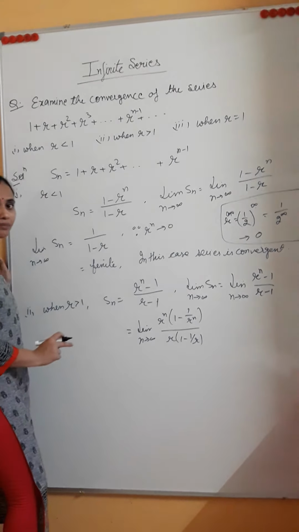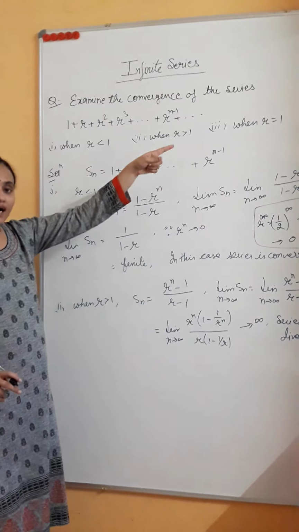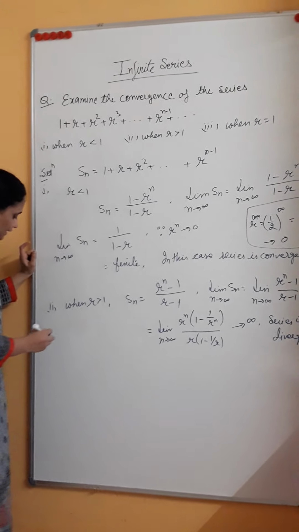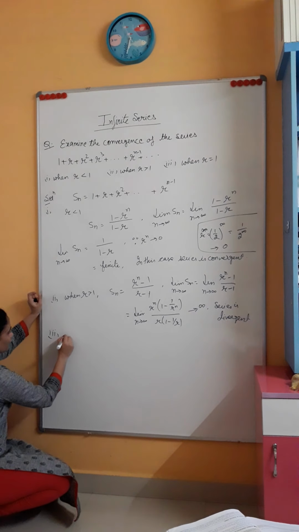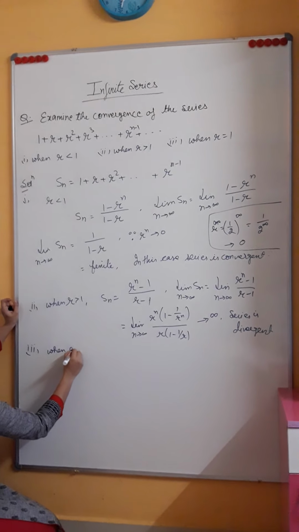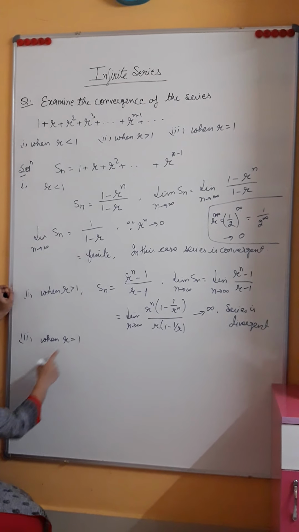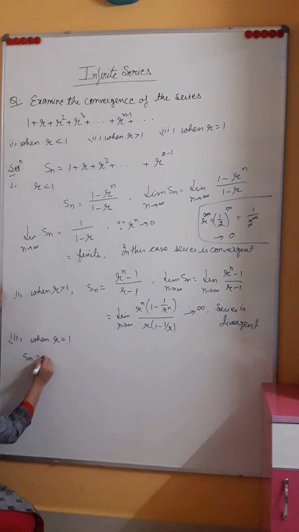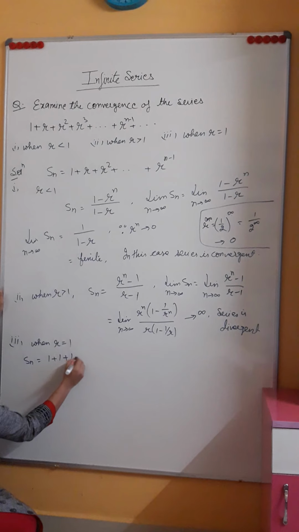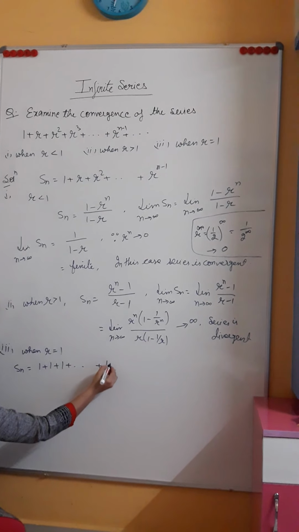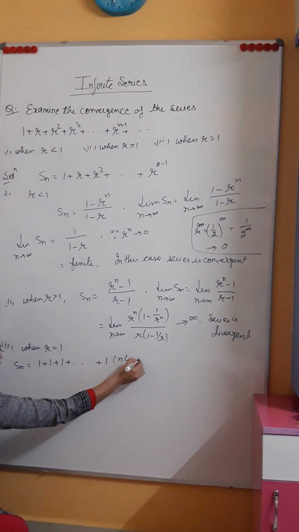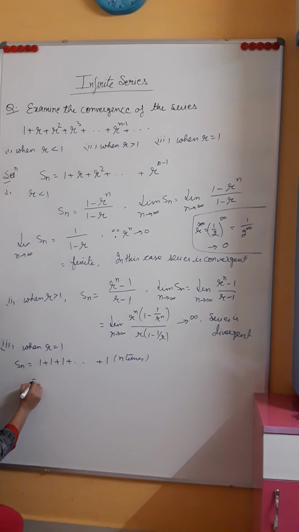Now the third case is when r is equal to 1. Third case I'll write here. When r is 1, what are the n terms? 1 plus 1 plus 1 up to 1, n times. So n times 1 if we add, what is the value?